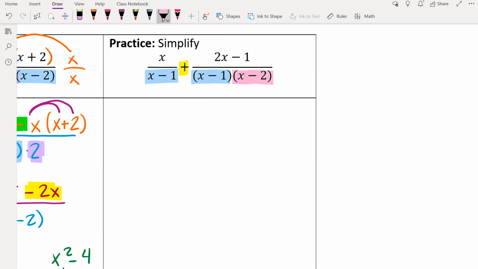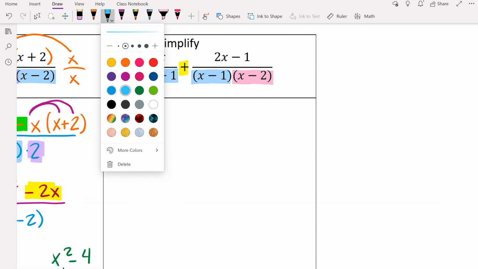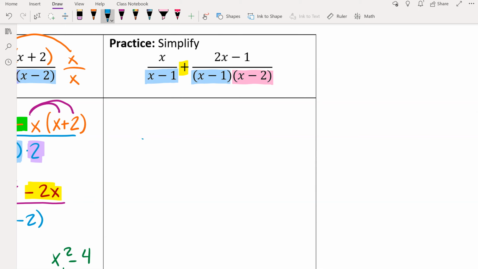And then I see x minus 2. Remember, we need one of each. If there's a pair, we only need one in the denominator. So my common denominator is going to have one of the x minus 1s, because there's a pair of those, and then we need one x minus 2 in there as well.